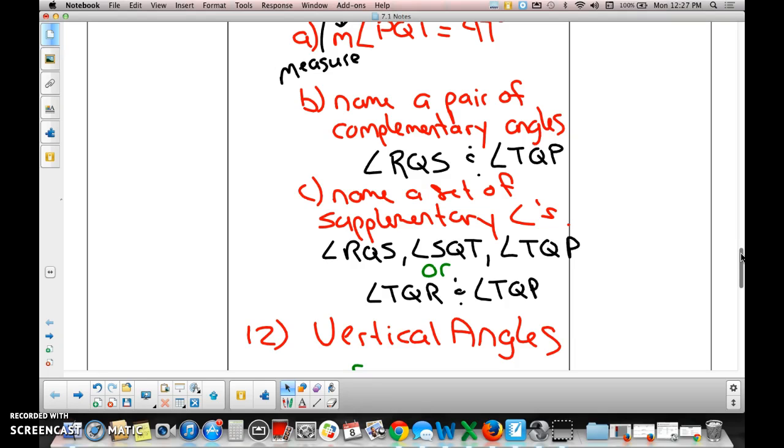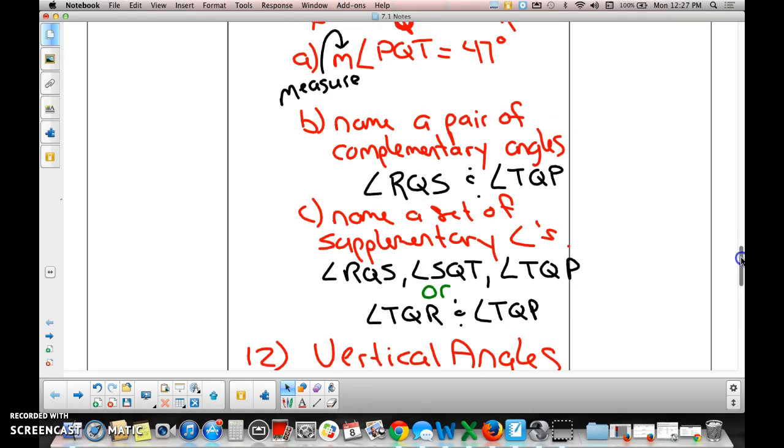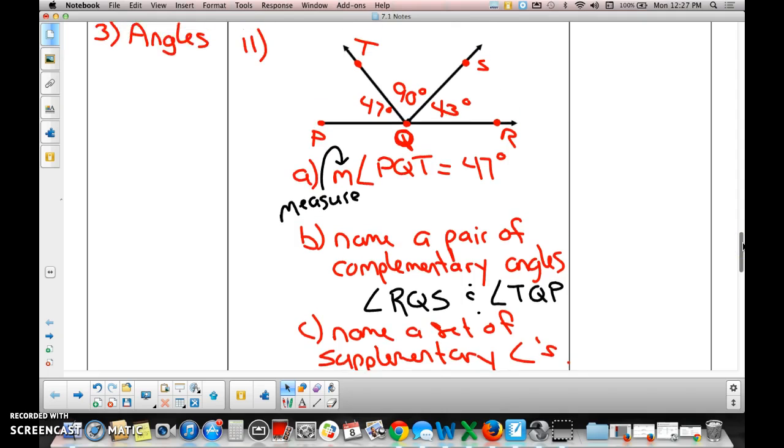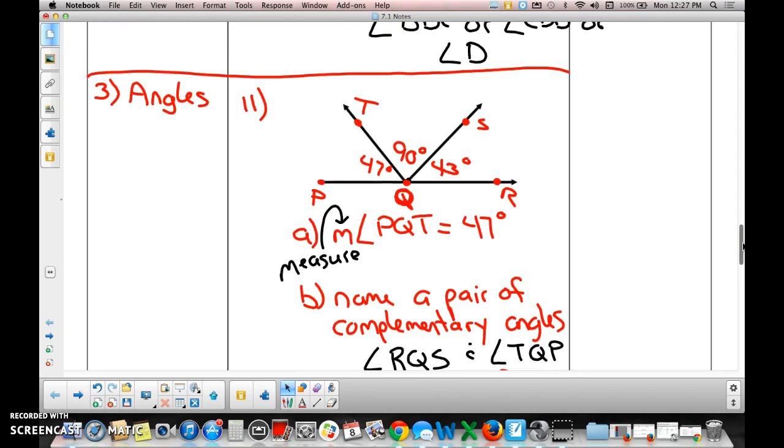Question for you guys. Do supplementary angles have to be connected? Can you find three or two separate angles that aren't connected as long as they equal 180? Would they still be supplementary? Yes or no? Yes. I guess this one would be a great example. But complementary angles, can you have two angles that aren't connected be complementary as long as they add up to 90 degrees?